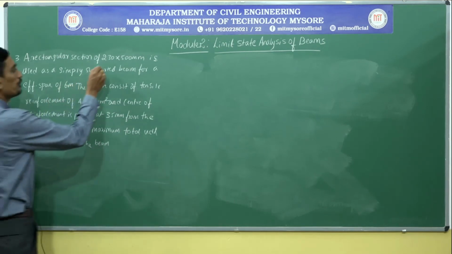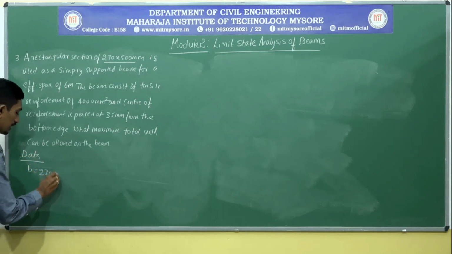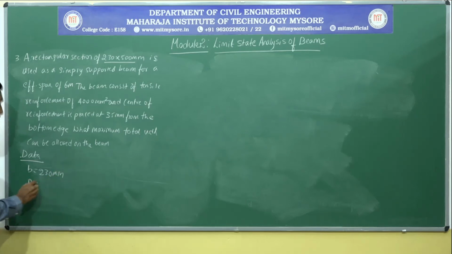So now they have been given a section of 230 by 500. That means B is equal to 230 millimeter, and for the overall depth, please observe, nowhere is it mentioned as an effective depth.